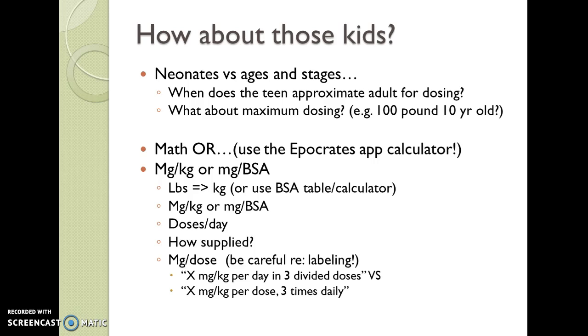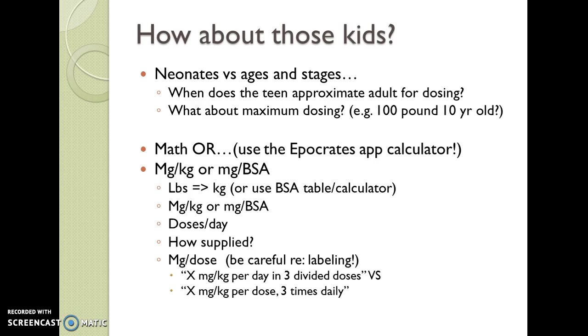Now, when we get into children, we have to think about some specific things, and this will apply to our case that we're going to do in Part B. Kids are special. They actually need more drug per body mass than adults. However, we do maximize the dosing for children at the adult dosing level.